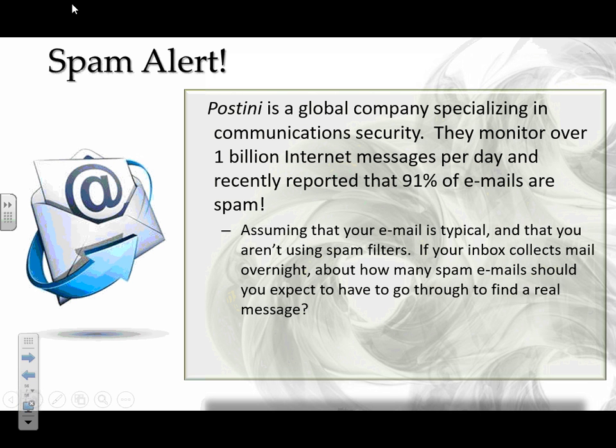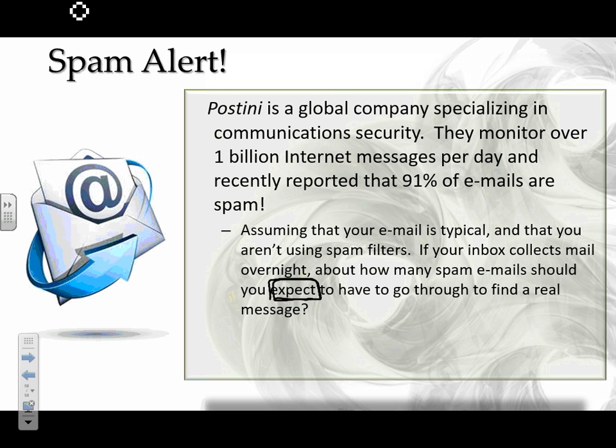Now, think about what this question's asking. How many spam emails should you expect to have to go through to find a real message? What is it asking us to calculate? Expected value.